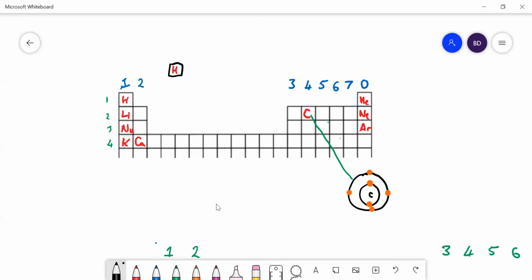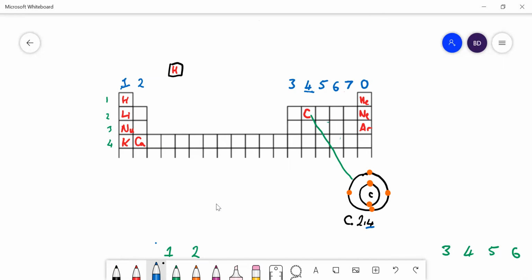So we write down the electronic structure of carbon as 2, 4. And it probably hasn't escaped your notice, carbon is in group 4 of the periodic table. The groups, of course, are the vertical columns. So that's a pattern you'll notice now, that the number of electrons in the last shell, in this case 4, is the same as the group number in the periodic table.